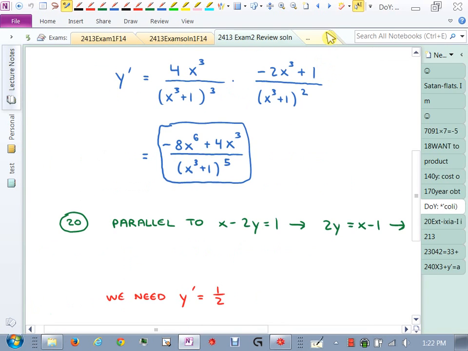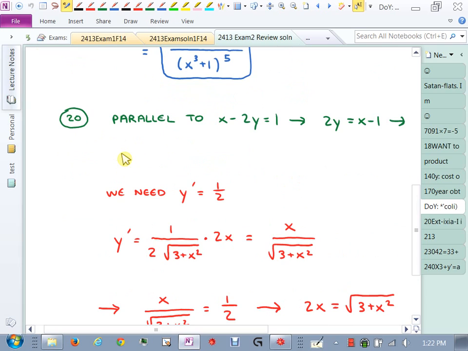Okay, so look. I'm just going to draw on the board. We have some curve, and then we have a line that's been given to you. The line was x minus 2y equals 1. The curve was the square root of 3 plus x squared.